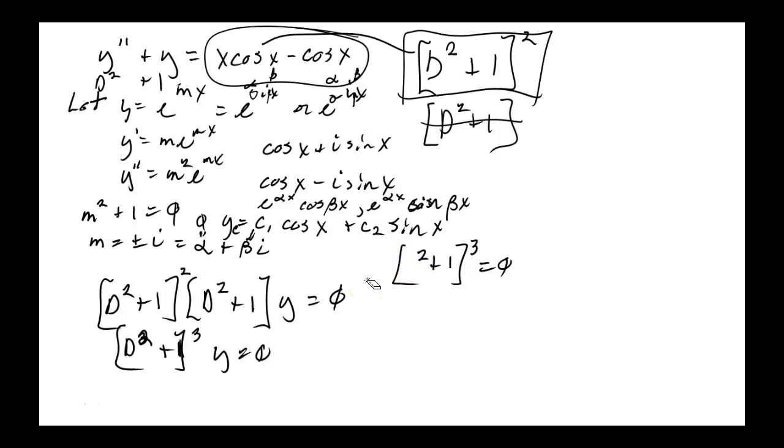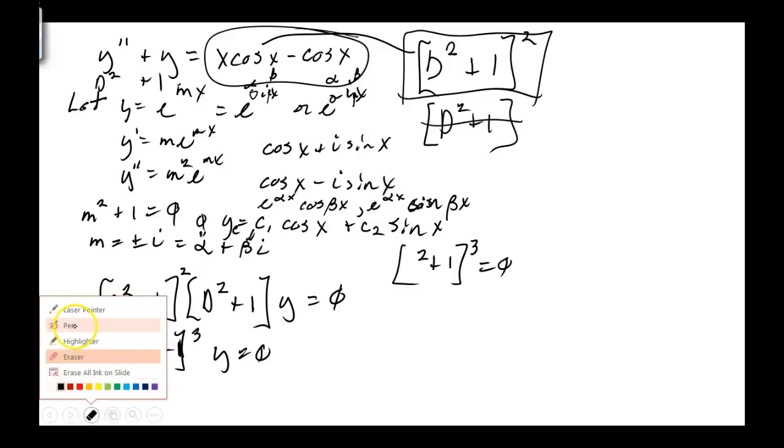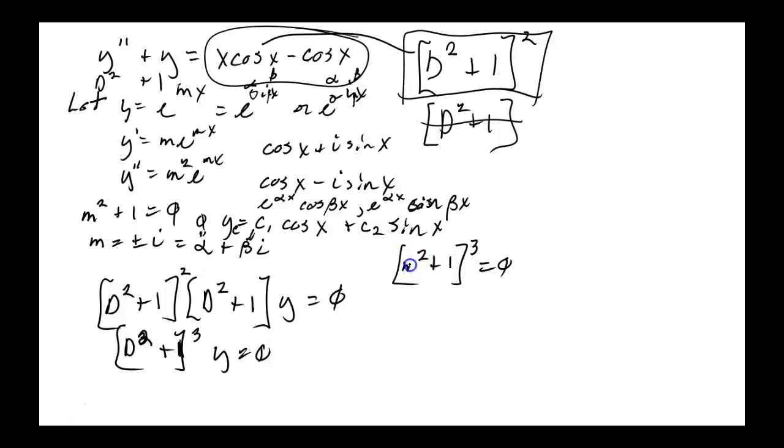If you plug in and do basically the auxiliary equation for that one, and I hate to use it again, but just because we're used to it, I'm going to use m. So that's m squared plus 1.